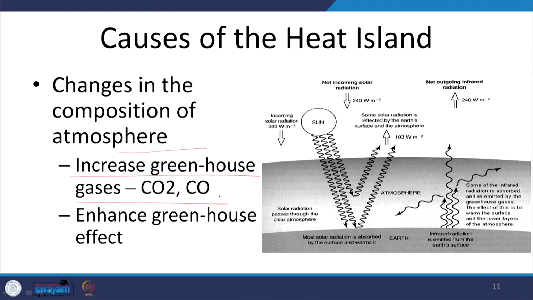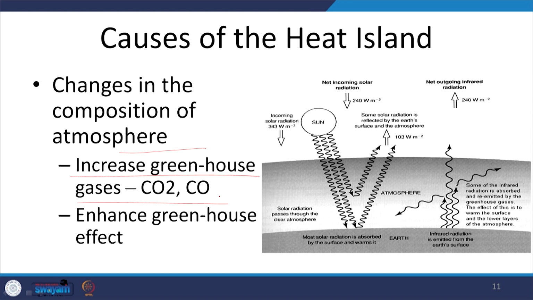There are gases which have much more capacity to absorb the heat, the nitrogen oxides and the sulfur oxides and many more gases like that, which absorb a lot of heat and are the major culprit towards the greenhouse effect. So, all these will add up to the rising temperatures.